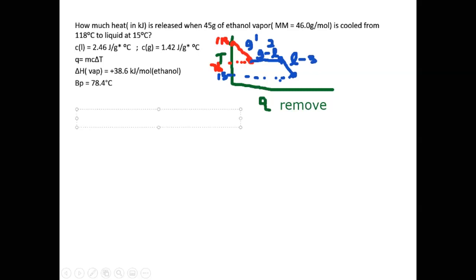So Q1 is going to be the mass of ethanol, and I'll use ETOH as the abbreviation for ethanol, times the specific heat of the gas times the delta T of the gas.